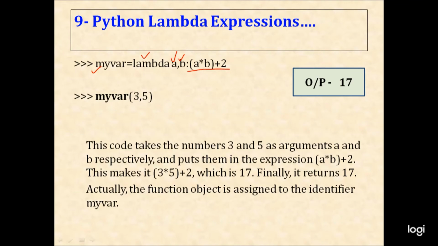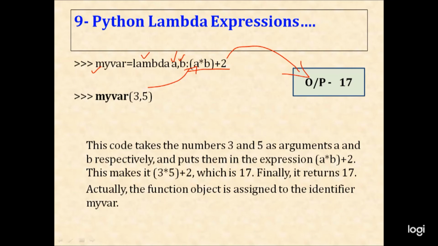myVar 3, 5 will be passed to the expression as a and b. 3 into 5, 15, and plus 2, 17, and the output will be 17. This code takes the numbers 3 and 5 as arguments a and b and puts them into the expression a into b plus 2.